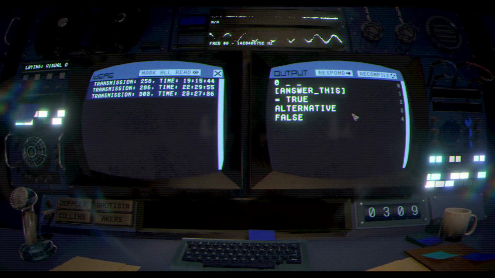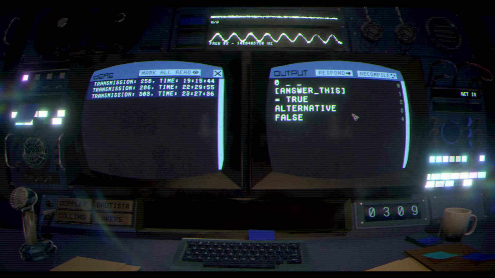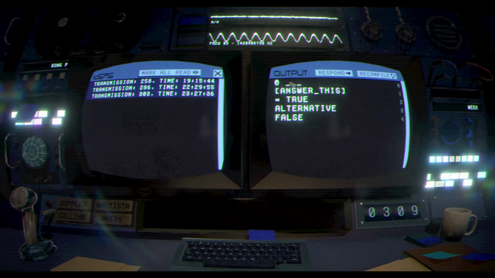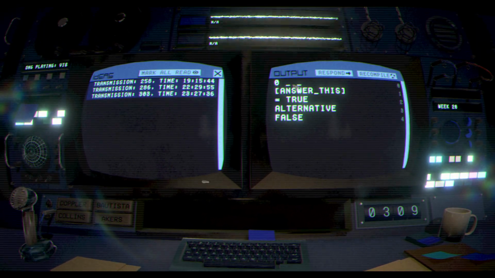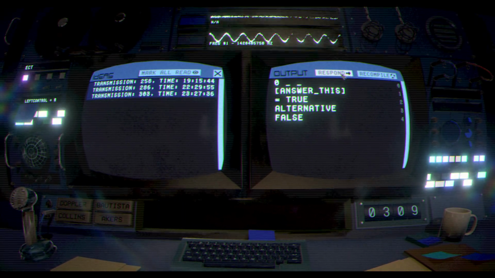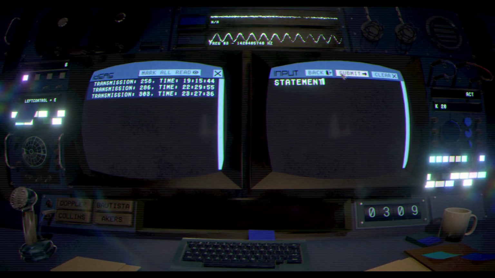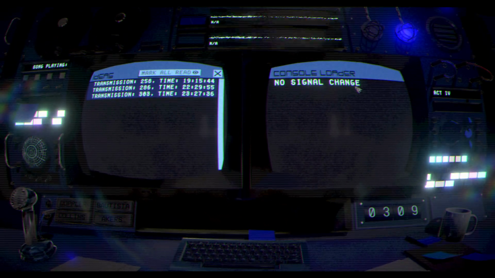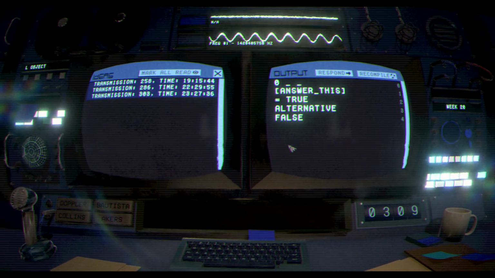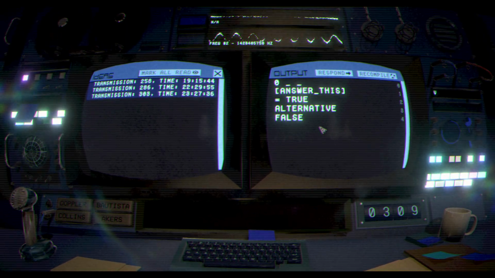Okay, 0 equals something equals true, alternative false. Okay, no, 0 is our title, so we need a statement equals true or alternative false? No? Okay. Something is valid if it is both true or false.